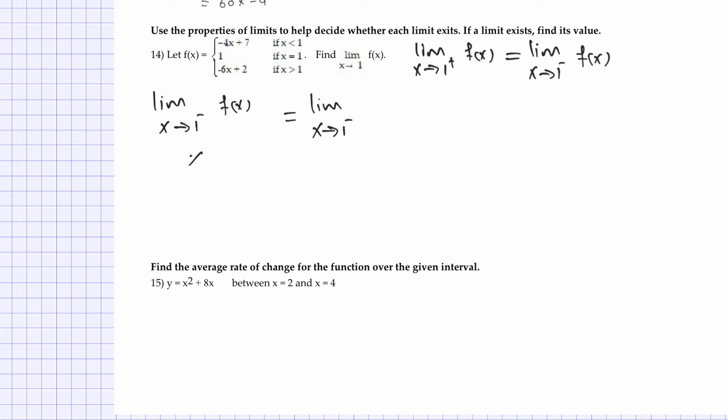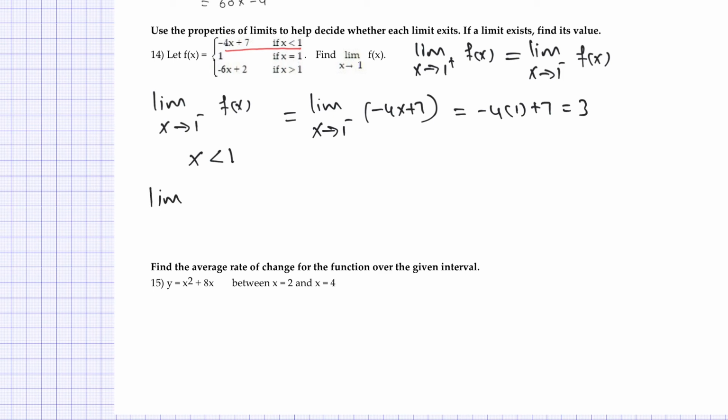The values of x less than 1 correspond to the function negative 4x plus 7. So the limit as x goes to 1 from the left side of negative 4x plus 7 is equal to 3.